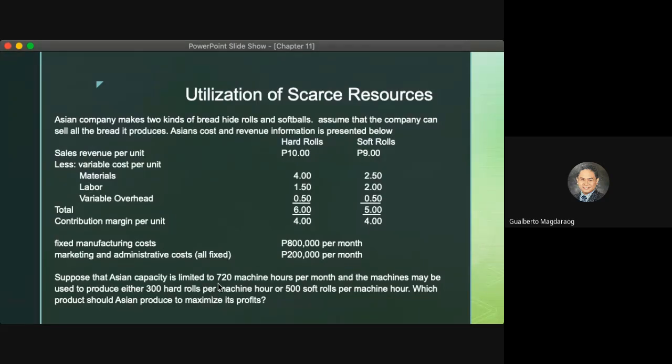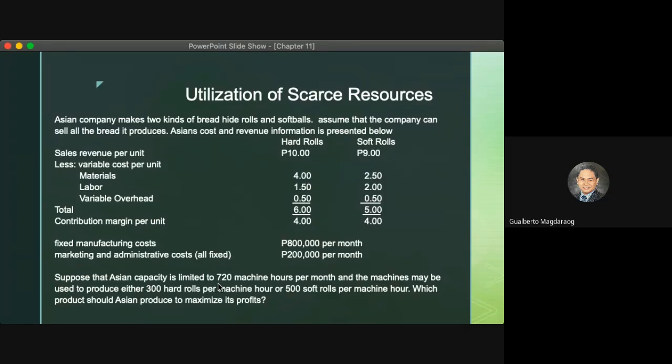Okay? Comparing dun sa soft rolls, you will have a total income or gross contribution margin of 1,440,000 and 440,000 operating income or operating profit. So mas advantageous na mag-produce lang tayo ng puro soft, walang hard rolls.